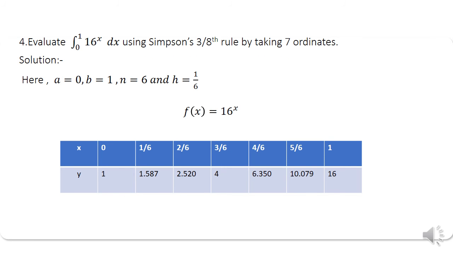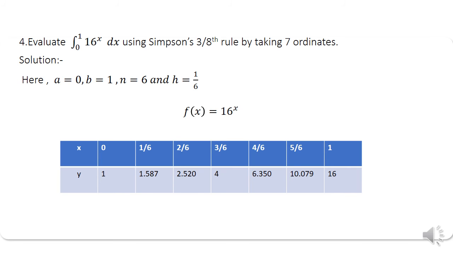And the last problem is evaluate integral 0 to 1 16 power x dx using Simpson's 3/8 rule by taking 7 ordinates. And the solution is as follows. Here a equal to 0, b equal to 1, and n equal to 6.